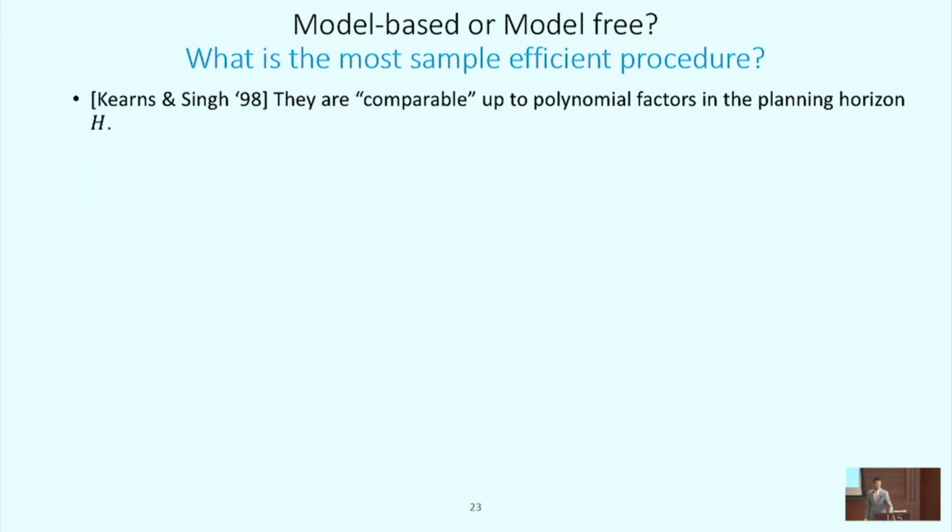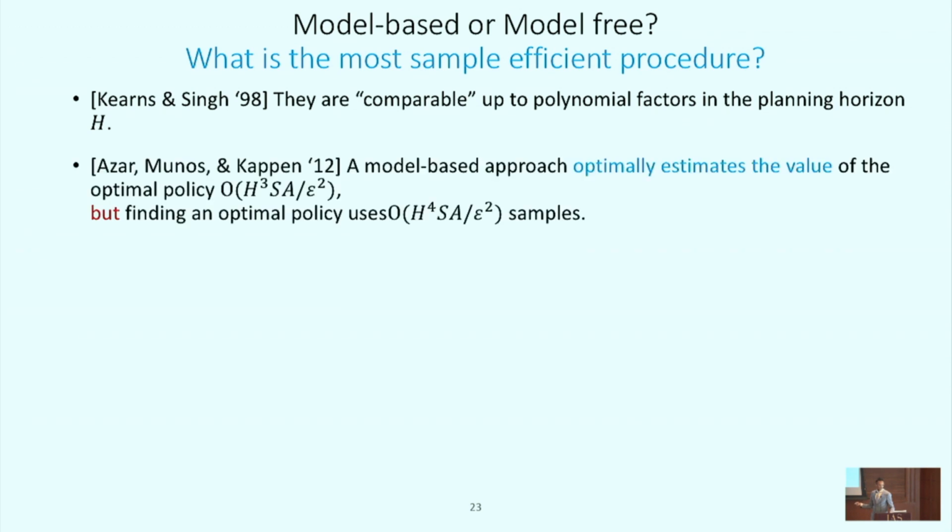So let's quickly go through the history of results here and end with an open problem. The first major result here was due to, again, Kearns and Singh, who showed that these two approaches are comparable up to essentially polynomial factors in the horizon.